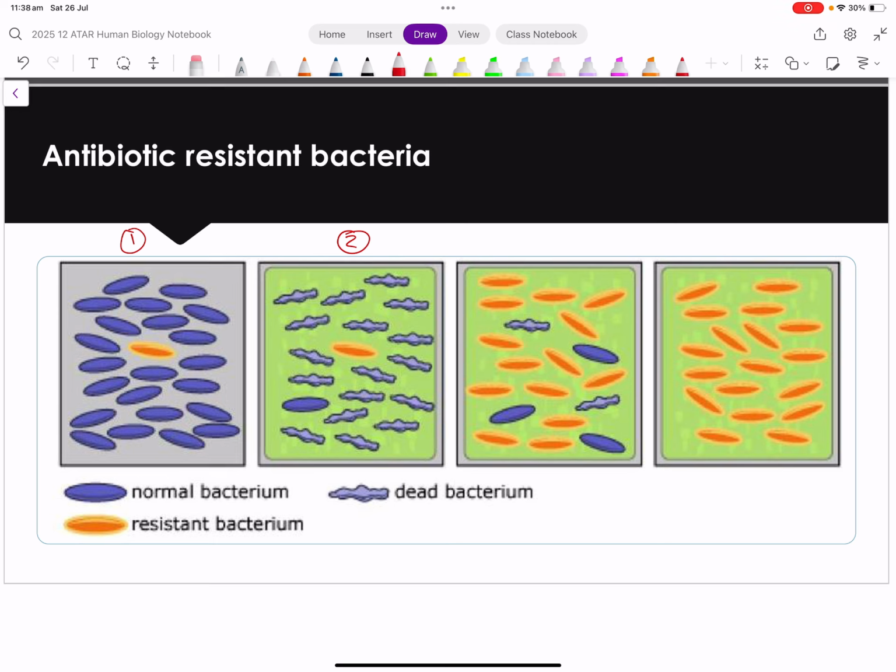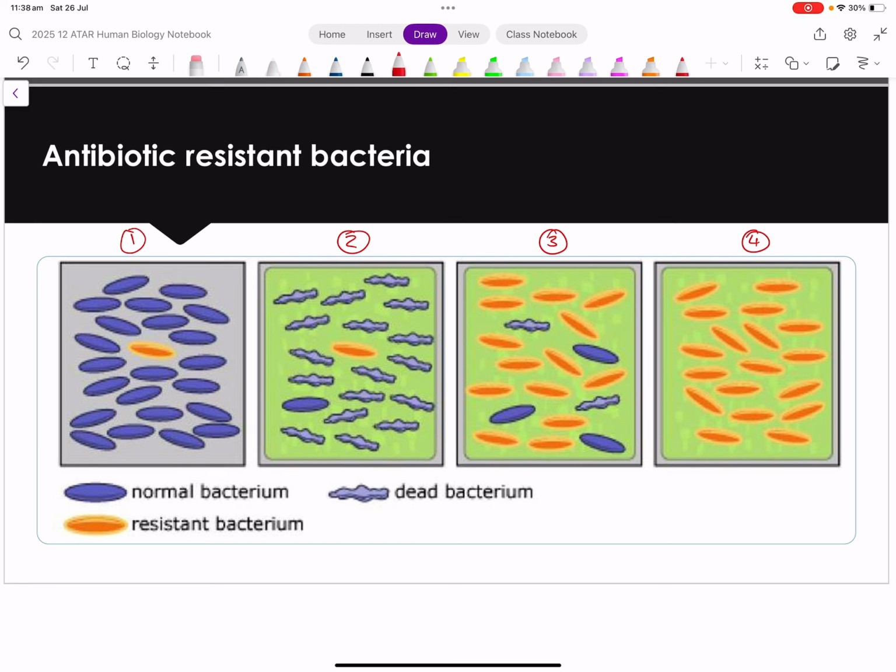Now, these bacteria, specifically the resistant ones, in slide 3, have been able to proliferate and to reproduce still, despite the presence of the antibiotic. We've had a few normal bacteria that have as well, but also a few more have died out. But ultimately, the allele frequency for the normal bacteria fades away, and as we can see in stage 4, the only bacteria left are those that are resistant to the antibiotic.